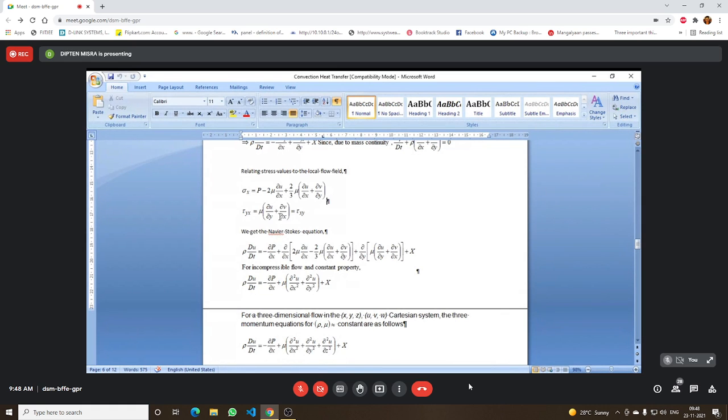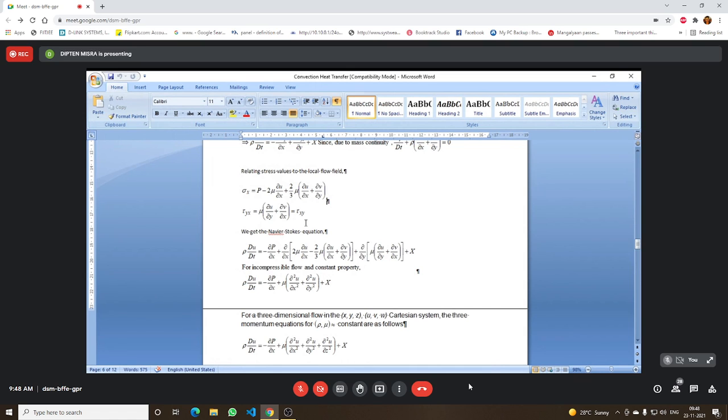So these two will be similar, because both involve u and v, differentiated in a crosswise manner. That is, u will be differentiated with respect to y, v will be differentiated with respect to x. So by the form of this equation, we can say this will be equal to this.